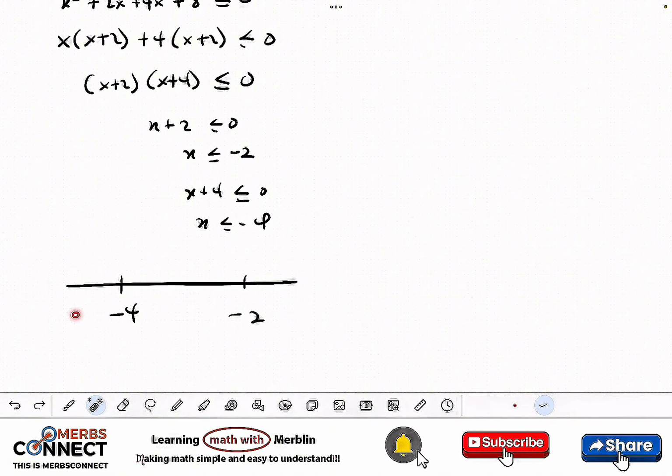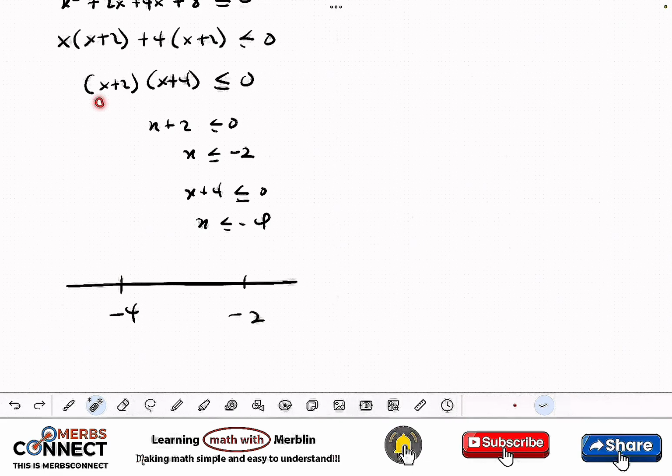So on this side, what are the values or numbers here? We can pick negative 5. So when I pick negative 5, I'm going to plug negative 5 into my last equation here and check if it is less than 0. Like, all numbers here are going to be less than 0. So when I plug in negative 5 here, what am I going to get?